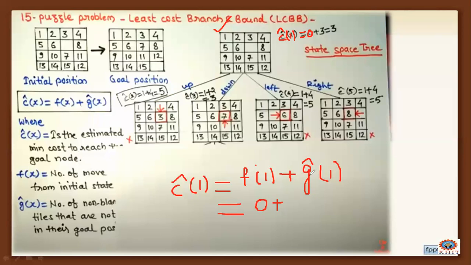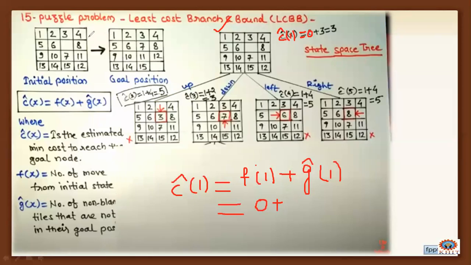Here, G cap of 1 means comparing initial position values with goal position values. How many non-blank tiles are not in the goal position?